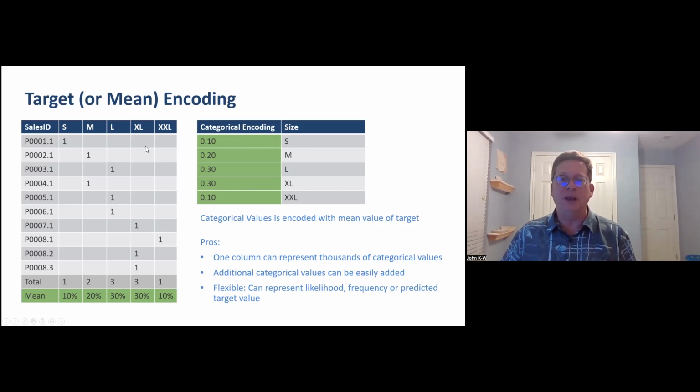You simply replace, instead of adding a column for each of those shirt sizes, you might have for each receipt a small, medium, or large appearing on the receipt. And when you go to do predictive analytics on it, you would replace that text with a number. Then you could run your algorithms on that. It becomes difficult to reverse translate that. So if you sold the same number of large and extra large shirts, you couldn't translate 30% back to clearly being large or extra large.